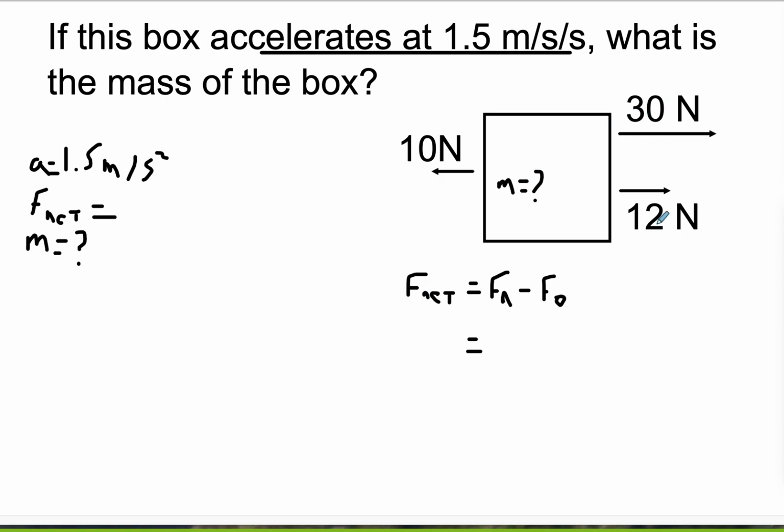So for here, these will be my accelerating forces. Why? Because they're bigger. So I would say 30 newtons plus 12 newtons. And then I would subtract it from the forces that are trying to make it go slower, which would be 10 newtons.